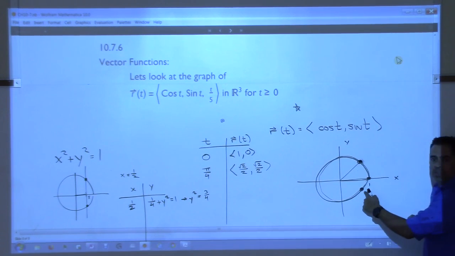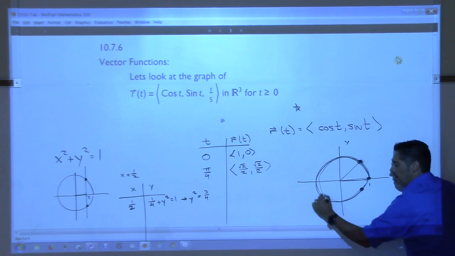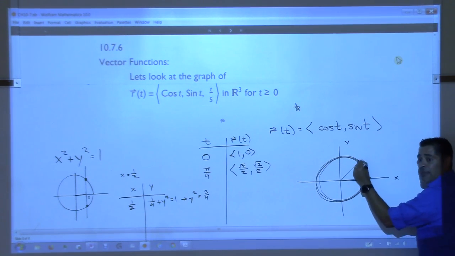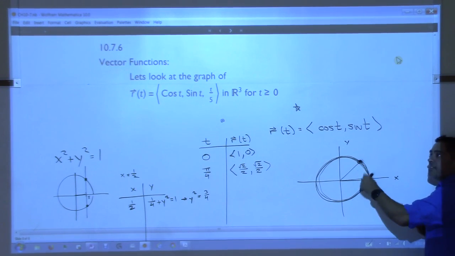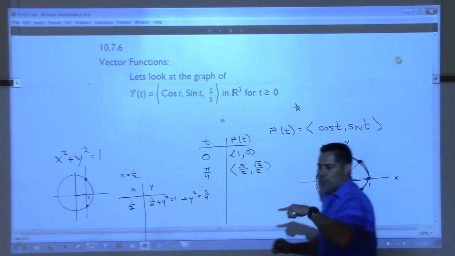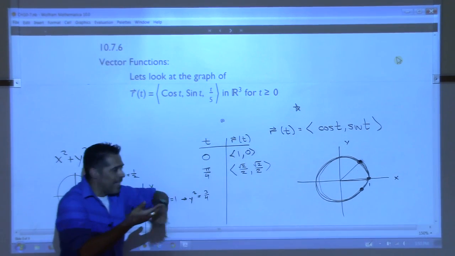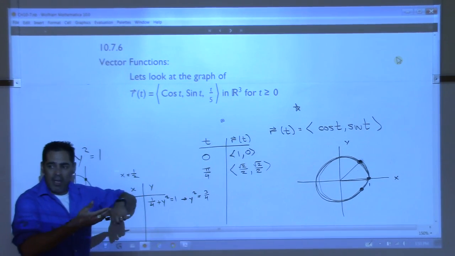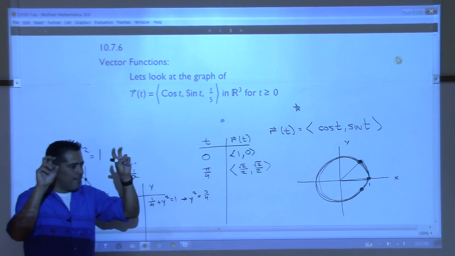This one comes from a different t value, right? And even when I go all the way around and come back to this point, I'm on top of it again, aren't I? But that's coming from a different t value. So I can draw a circle on top of itself infinitely many times, and it still is a function of t.